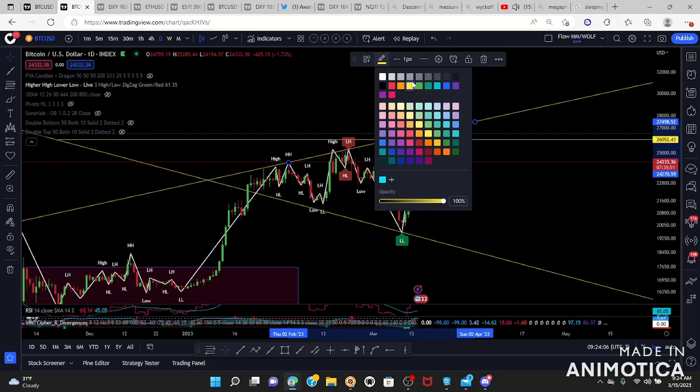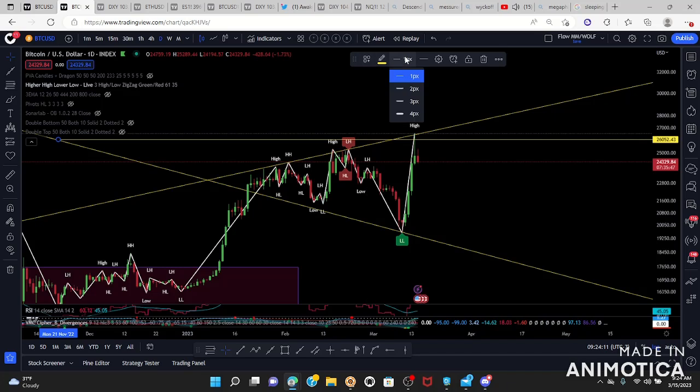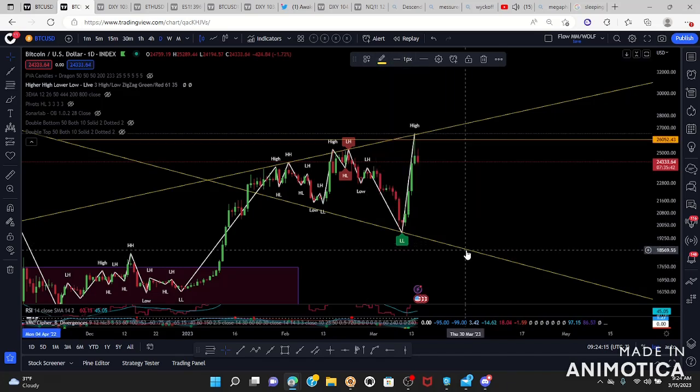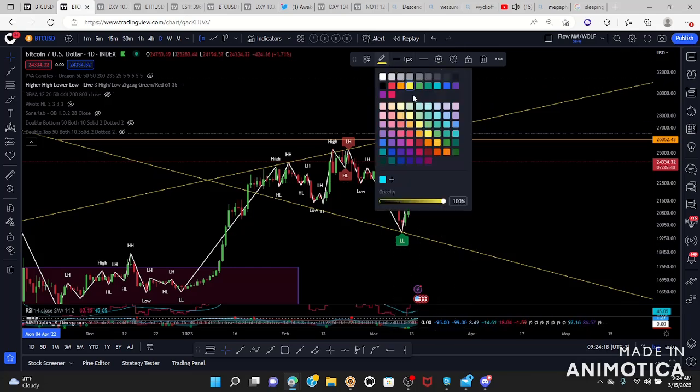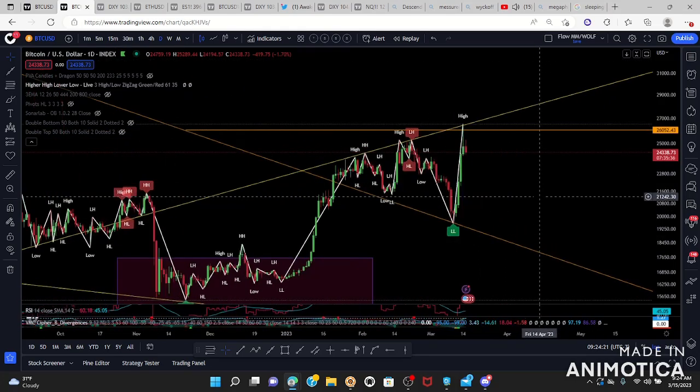And our daily, we're doing yellow. Okay, sorry, weekly is orange. I don't like to get messed up here. So on our daily, we have this megaphone playing out.